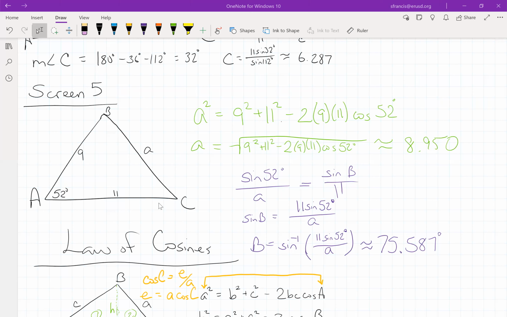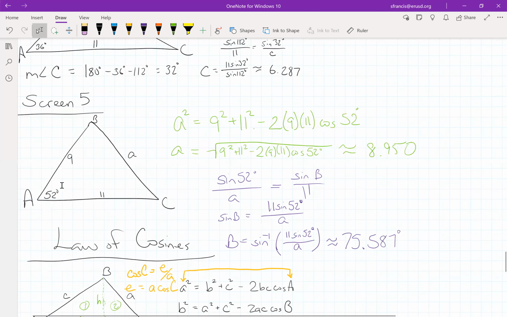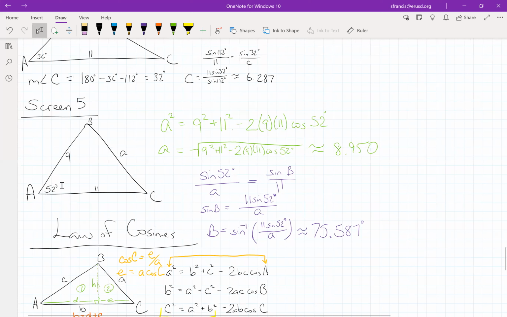And once you have that angle measure, and you know the angle measure for A, to find angle C you can use the triangle sum theorem. You don't have to use the law of sines again. So measure of angle C is equal to 180 minus 52 degrees minus measure of angle B, which we just found as that 75 point whatever.